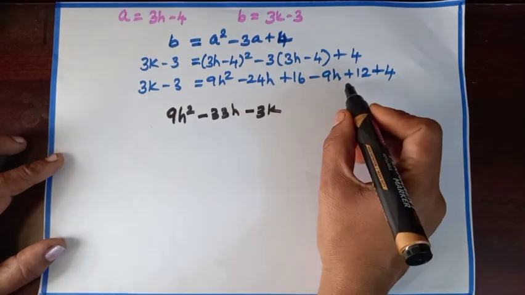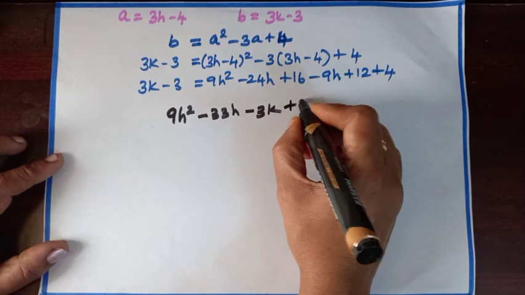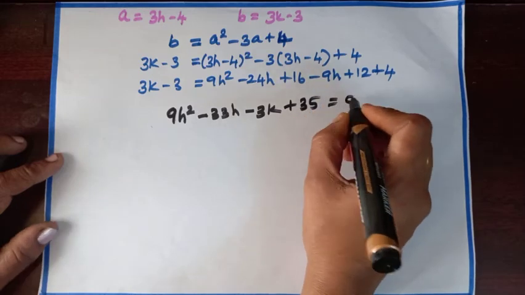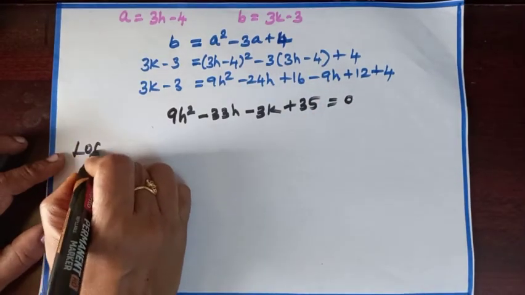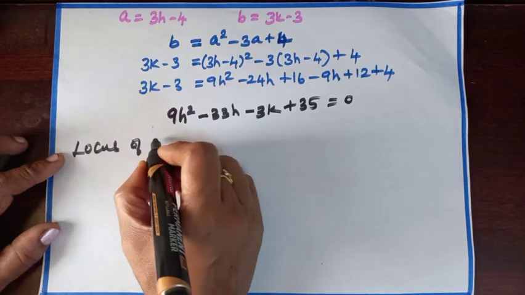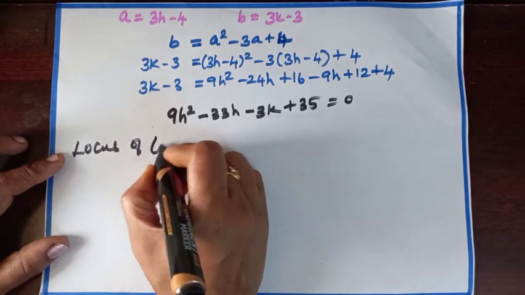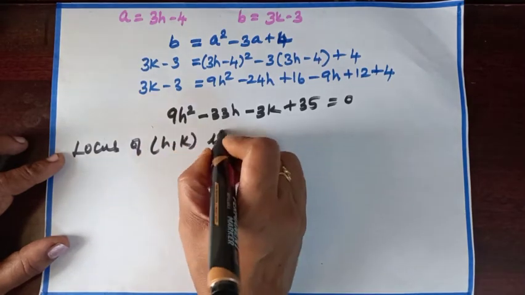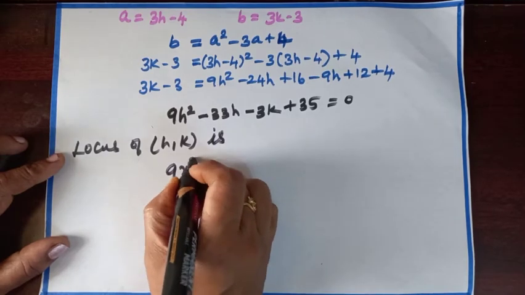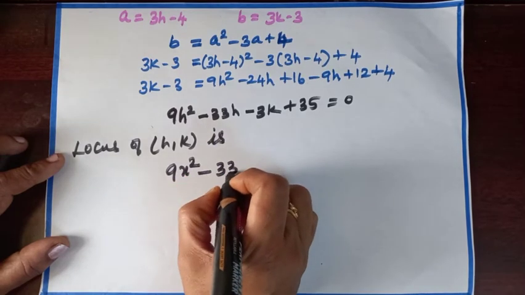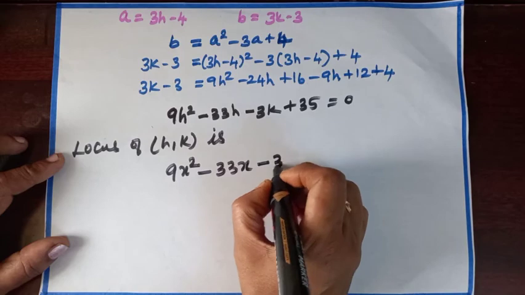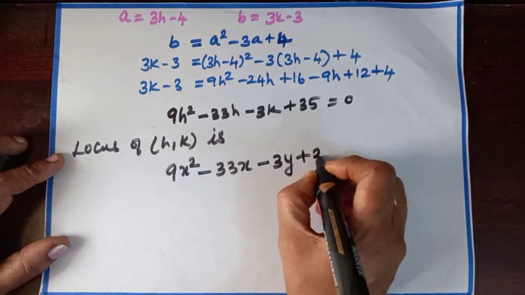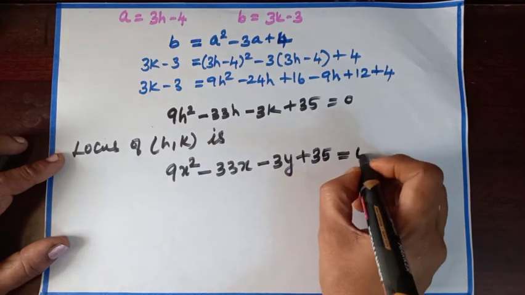Minus 3 will become plus 3, so plus 35 equals 0. The locus of (h, k) is 9x square minus 33x minus 3y plus 35 equals 0.